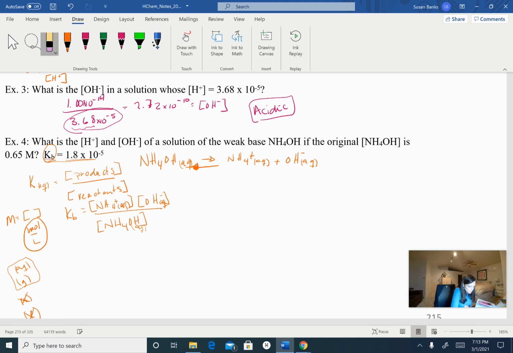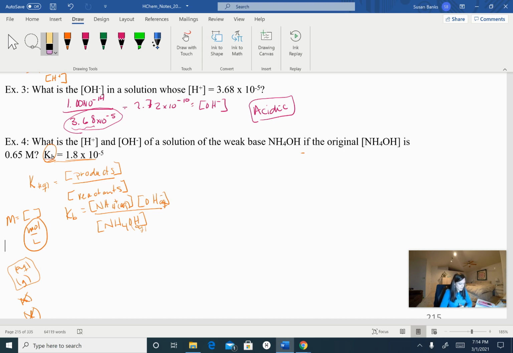I'm going to just erase this a little bit because I need to have this go over on the side a little bit more. Now that we know how to write an equilibrium constant, I'm going to show you a technique that we use to solve these kinds of equations. Now, a lot of chemists will call this an ICE table. A lot of chemists will also call this a RICE table.